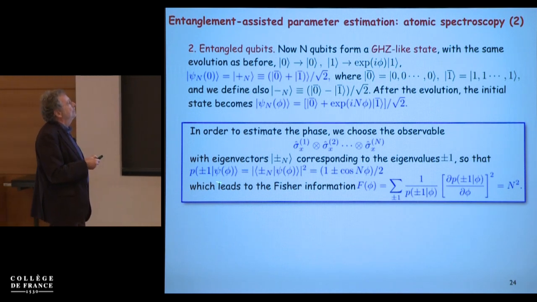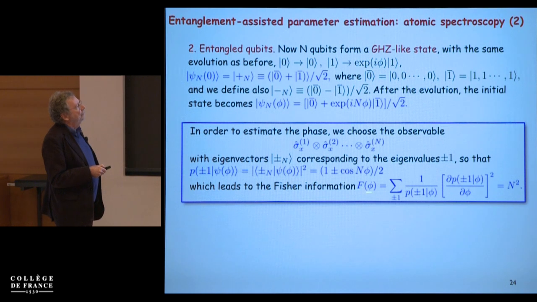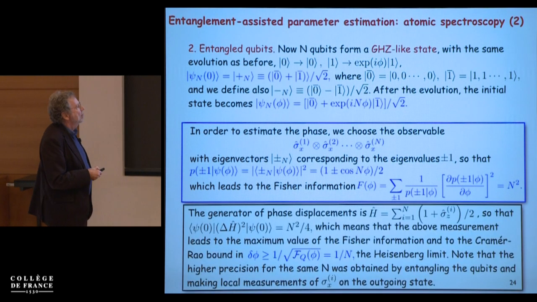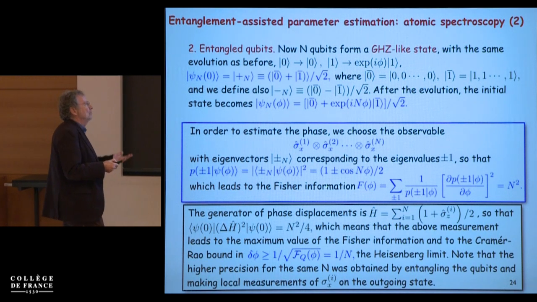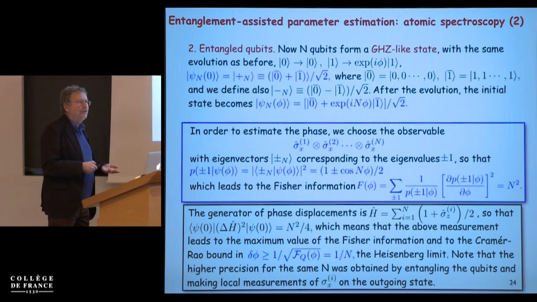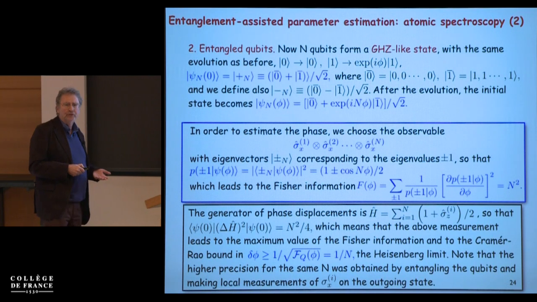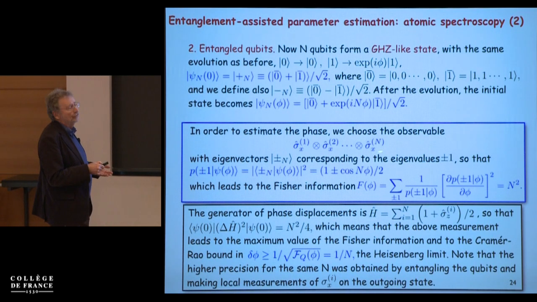Now again, we have the probability, so we can calculate the Fisher information, and that is equal to n squared in this case. Yeah? Now, again, we want to show that this is the quantum Fisher information, that that's the best you can do. In other words, that that's the best possible measurement. In this case, the generator of phase displacements is just the sum of the generators for each atom.